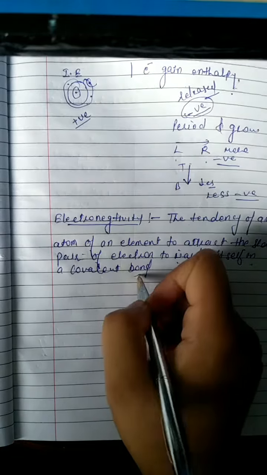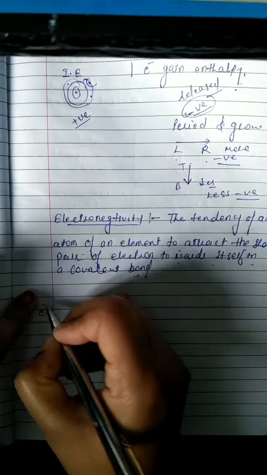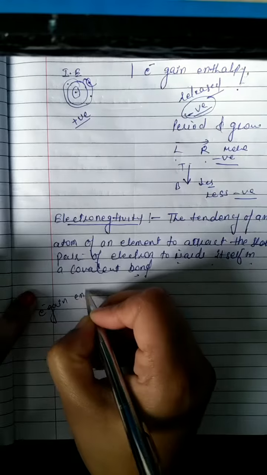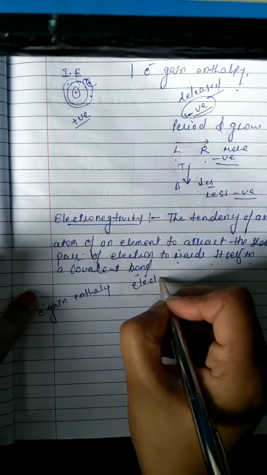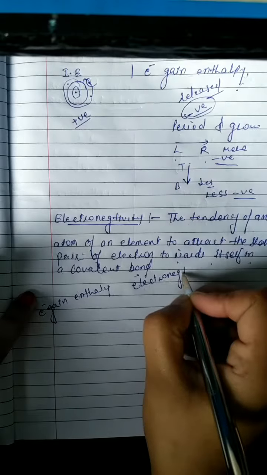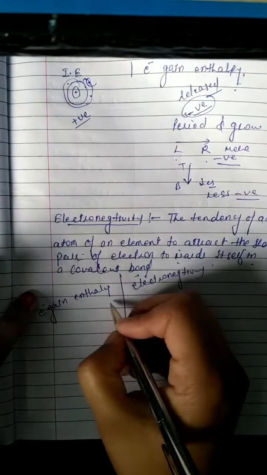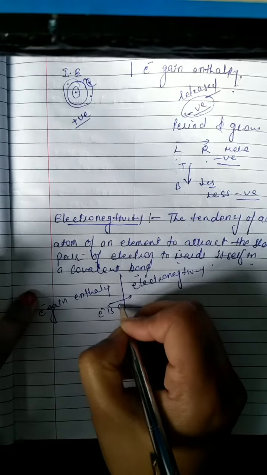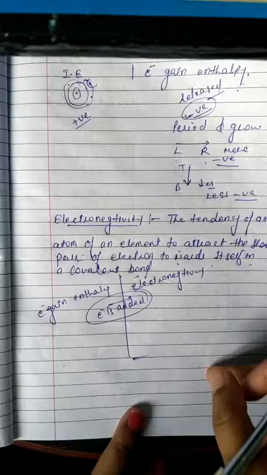What is the meaning of this? If we compare electron gain enthalpy and electronegativity, in both cases, firstly, an electron is added. Clear?